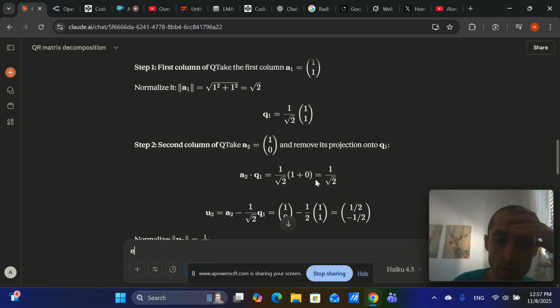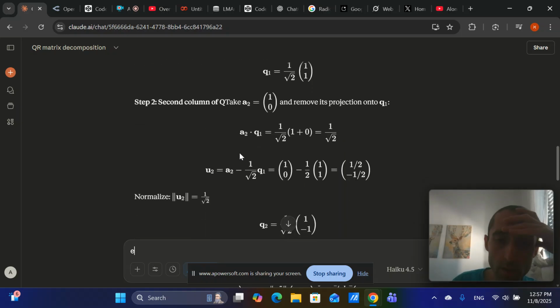The projection is just the inner product multiplied by Q1, so it will be in the direction of Q1, and we will remove it. We take A2, subtract the projection, and we are left with U2, which is the vector from A2 which is orthogonal to Q1.